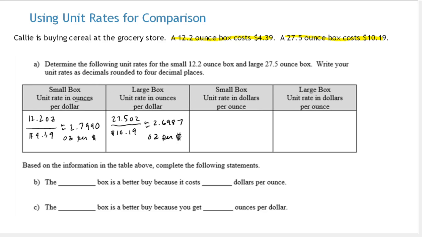Now we're going to find the unit rate in a different way. We're going to find dollars per ounce. Basically, this is reciprocating this fraction.